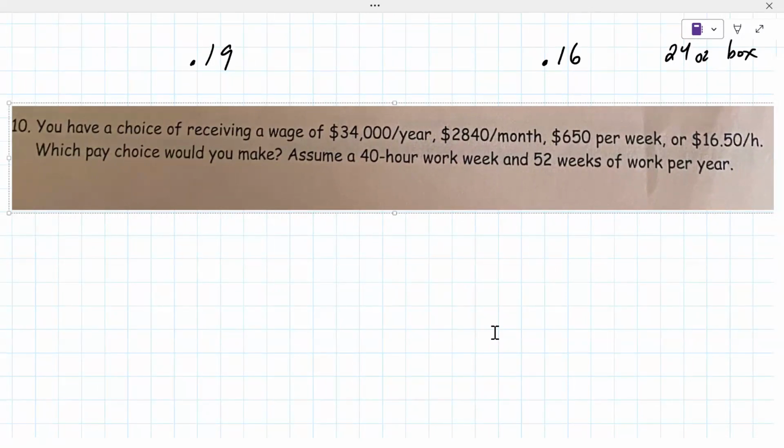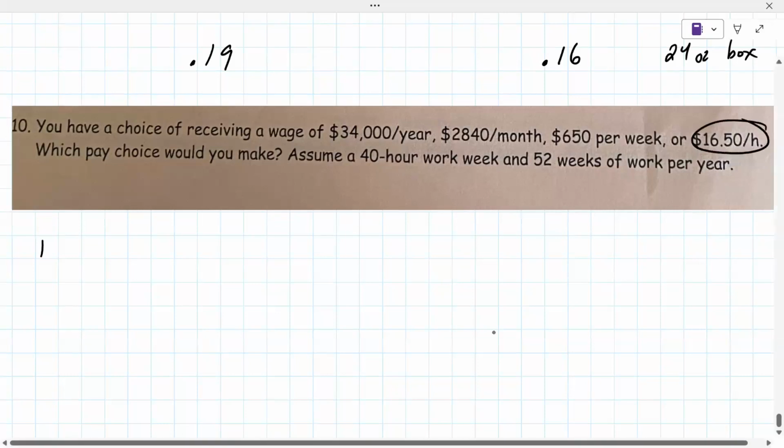Okay. Let's start with this base one here. $16.50 per hour times 40 hours in 1 week times 52 weeks in 1 year.